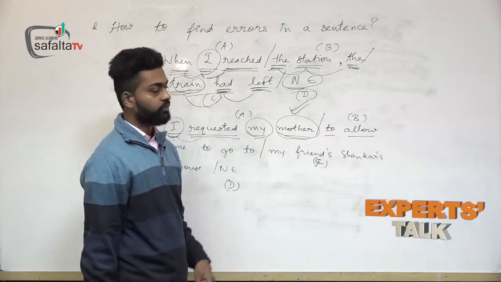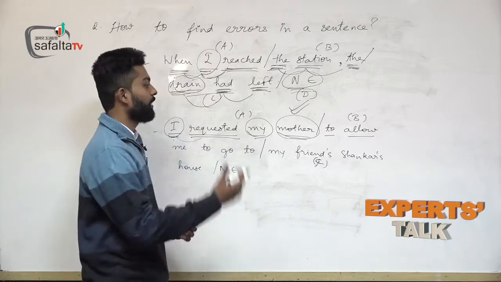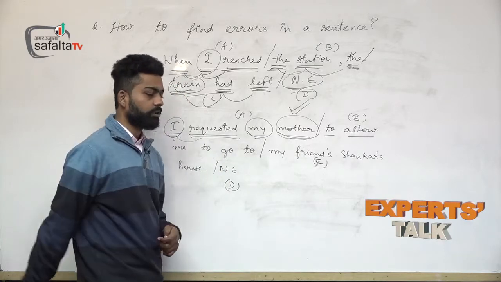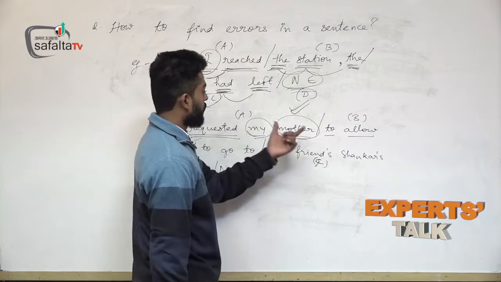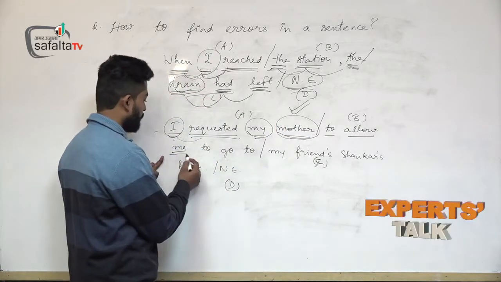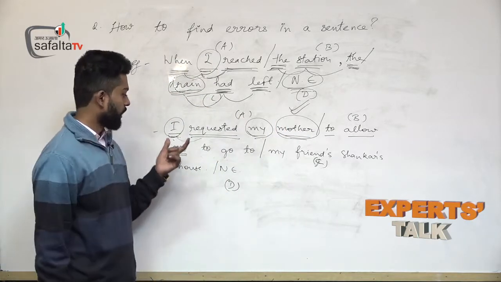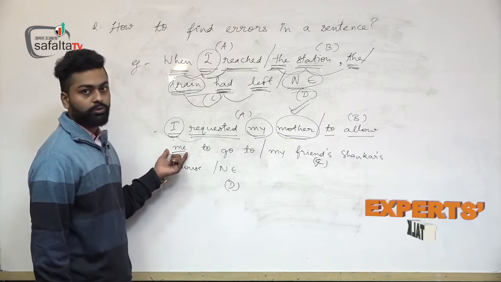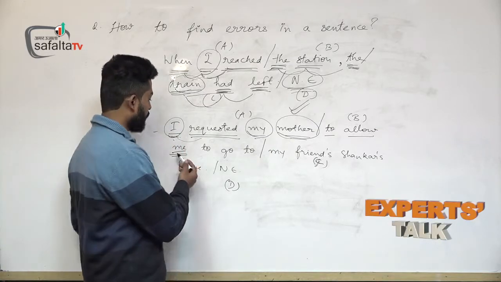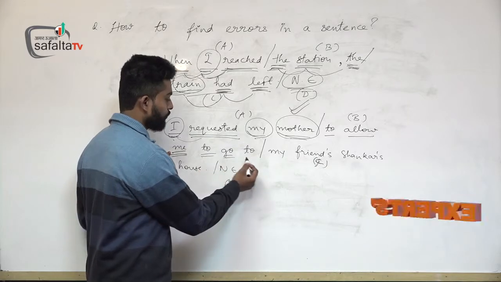So in this part there is no error, and when you move to the next part, that is to allow, it means he is granting permission or he is looking for permission to allow whom? Me. Me is the pronoun used according to I, which is correct. What does he want? To go to.